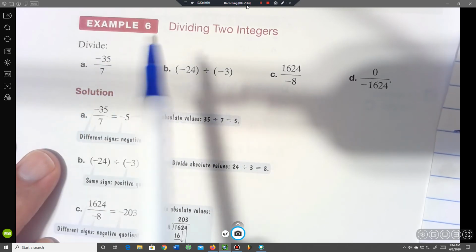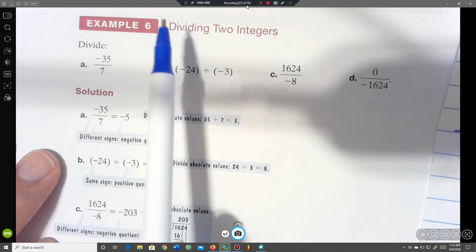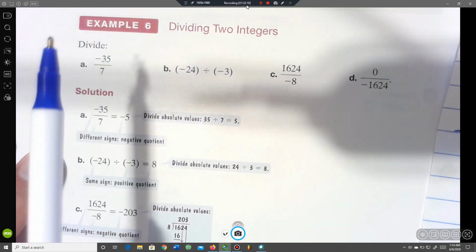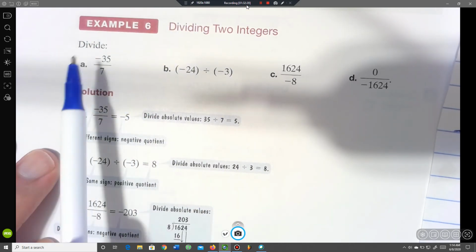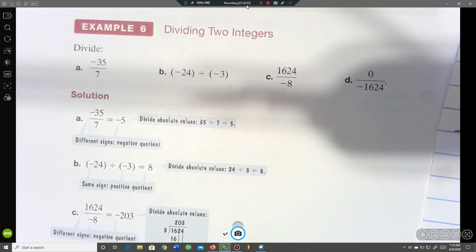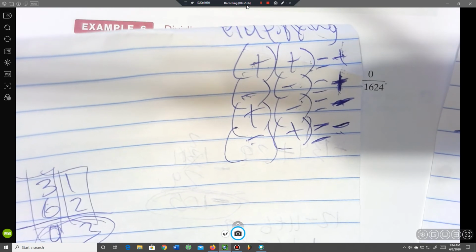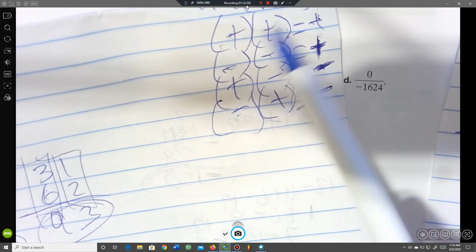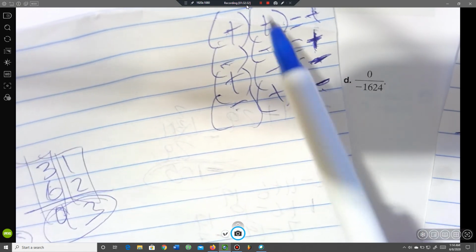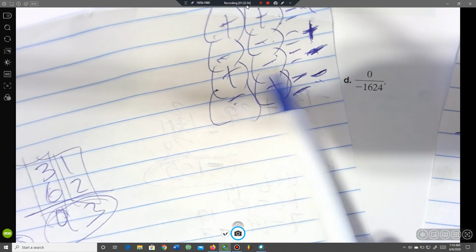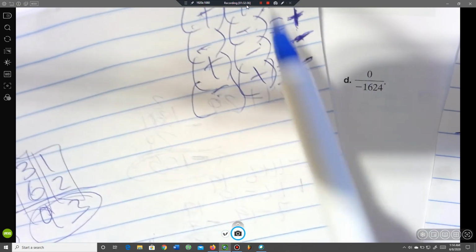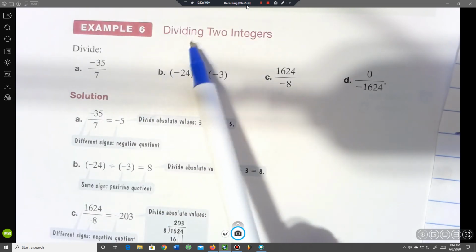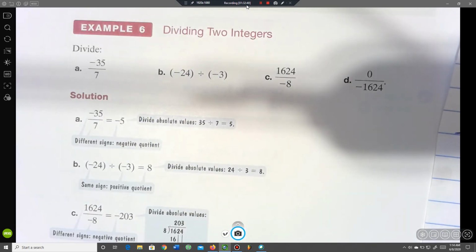Oh, and again, like I told you, when dividing and multiplying integers, the rules for multiplying signs still apply to division, okay? Remember, these rules for multiplying these signs give you this.